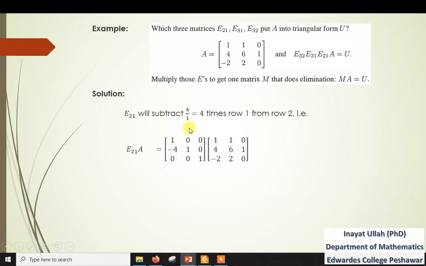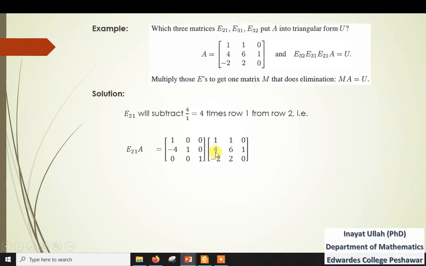So that is actually E21 from the identity matrix, where we have written minus 4 in row 2 because we are going to subtract. So that is E21, and that is matrix A from there.